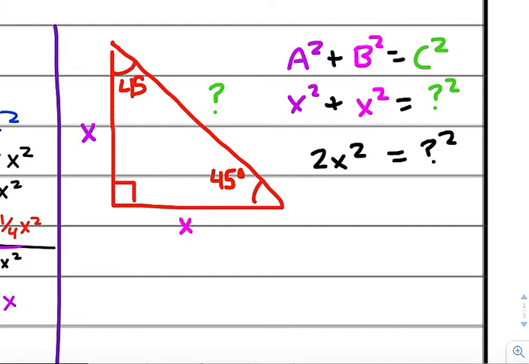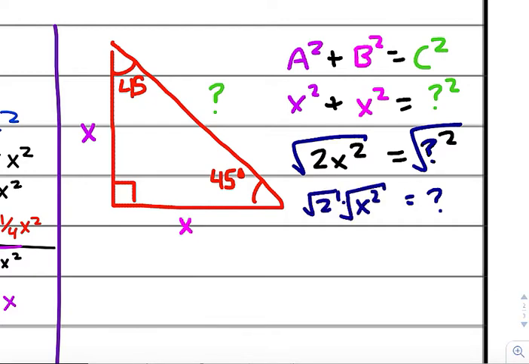So if I want to find the value of this question mark, I'm going to apply a square root. And since the left-hand side is actually multiplied, we can square root things separately. So square root of 2 times the square root of x squared. Well, the square root of 2 is just the square root of 2, we can't do anything about that. What we can do is simplify the square root of x squared, which, a square and a square root, will of course just be x, which tells us our hypotenuse will always be square root of 2 times x.